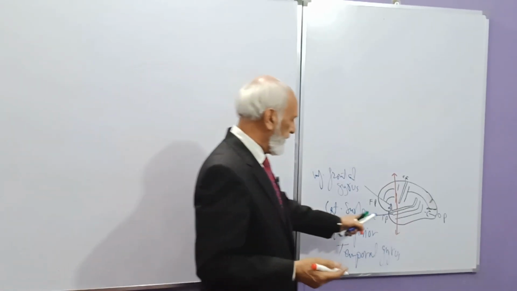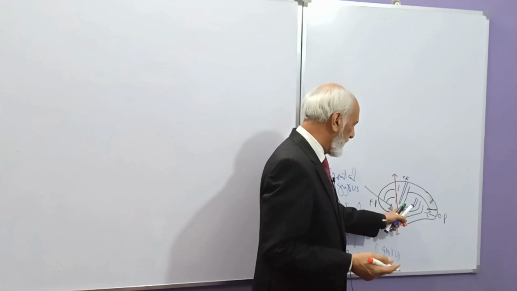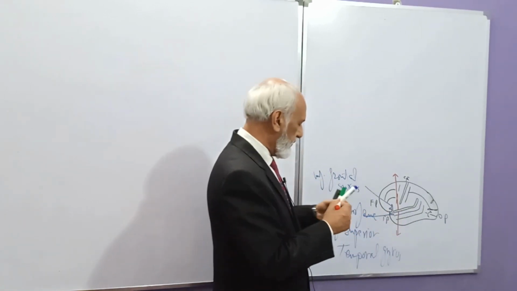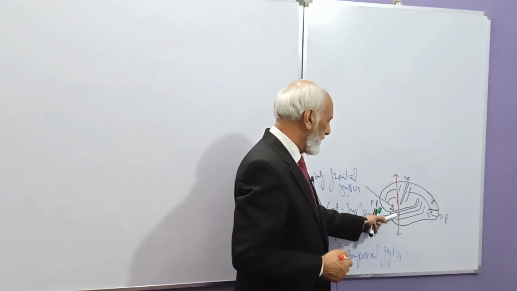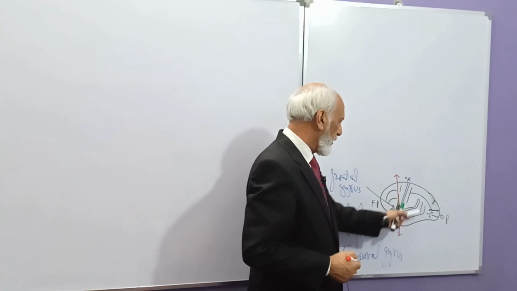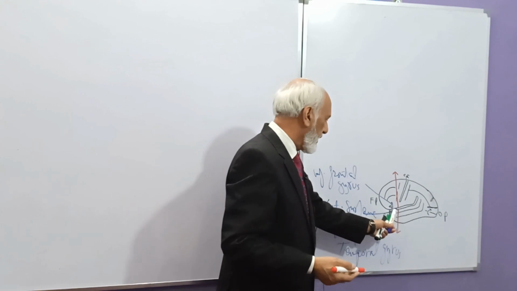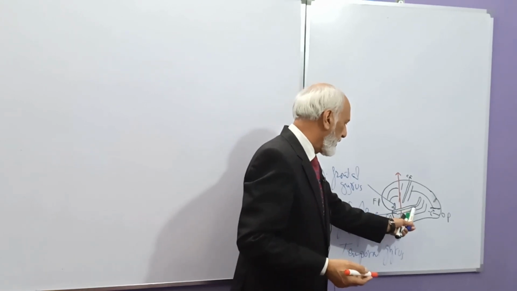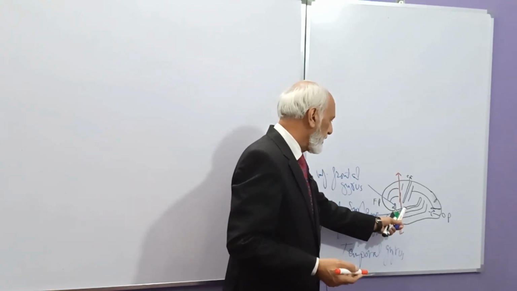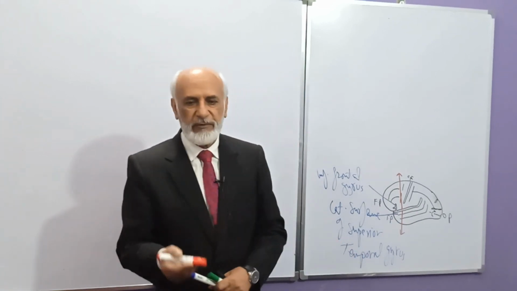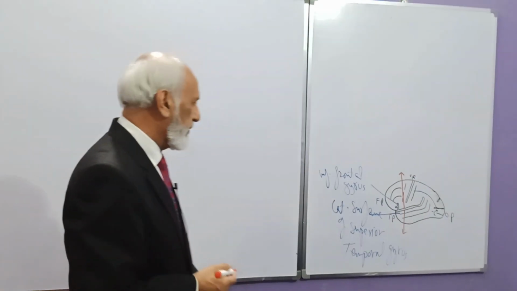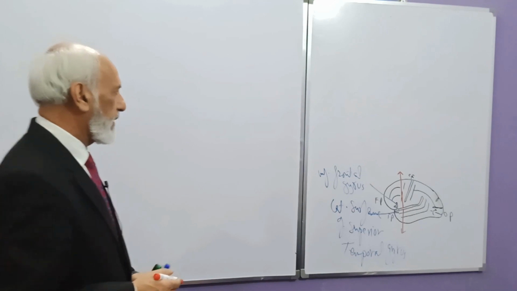And what are the features of the superior surface of the superior temporal gyrus? Now here you can see only the lateral surface of the superior temporal gyrus. The superior surface is hidden by the lips of the posterior ramus of the lateral sulcus.